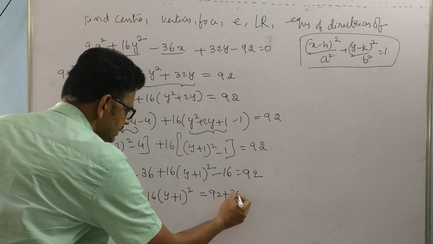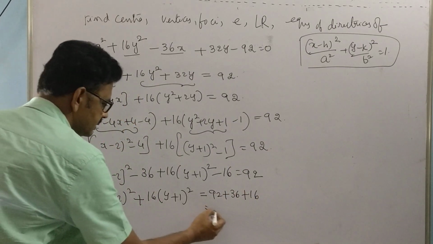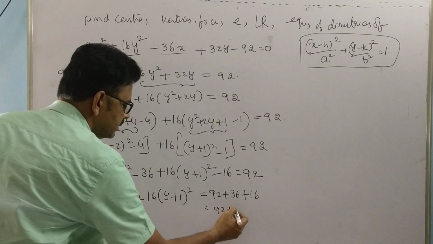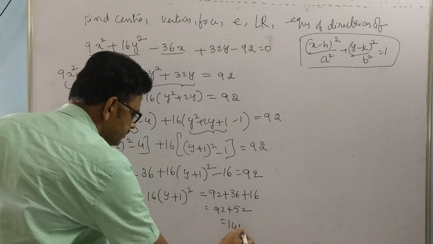This is 9(x - 2)² - 36 plus 16(y + 1)² - 16 equal to 92. So 9(x - 2)² + 16(y + 1)² equals 92 + 36 + 16, that is 144.